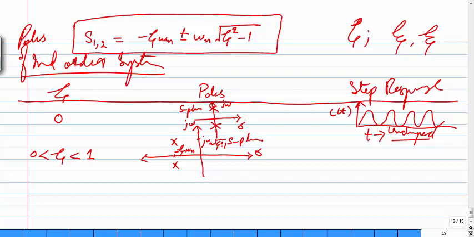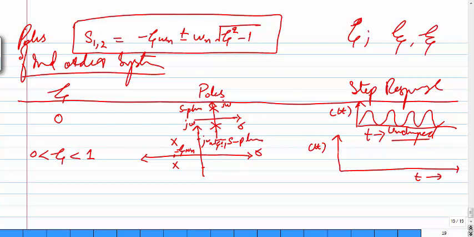Now if I look at the response, this is an underdamped system.